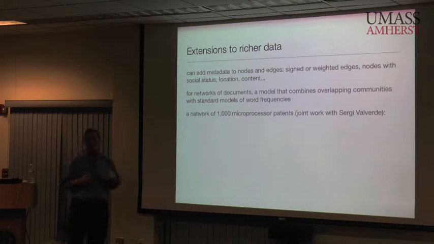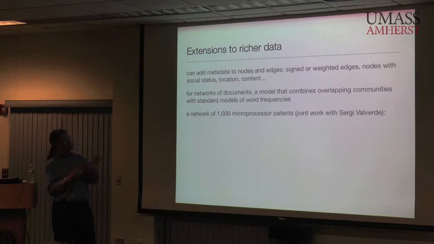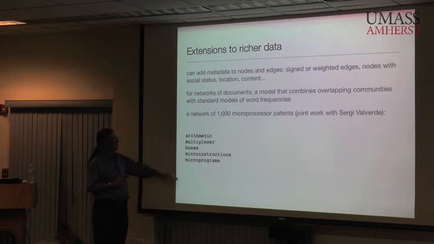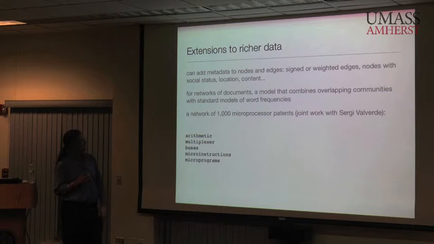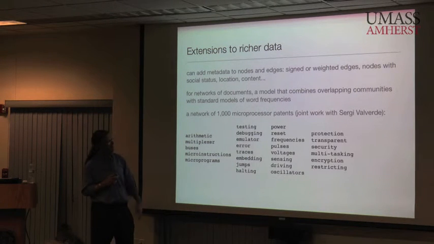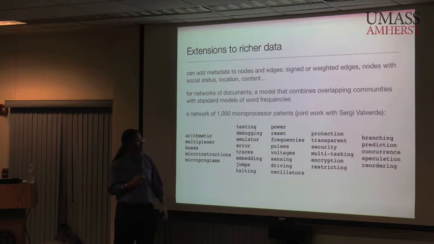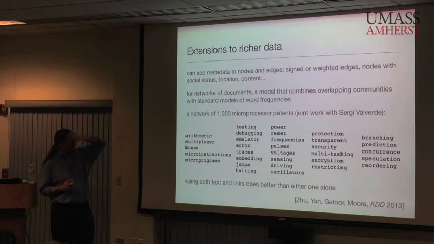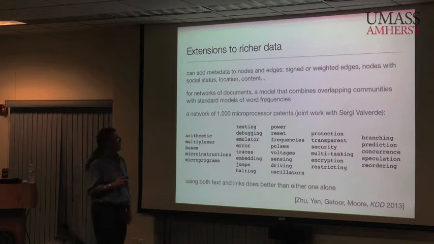So let's use both kinds of information, the words in the documents and the topology. And so we tried this out in a bunch of microprocessor patents, and it finds groups that seem to have something to do with the microprogramming and the instructions, testing and debugging, the power supply, encryption and security, and the program control. That's kind of nice. And that was with Lisa Couture, who some of you know.